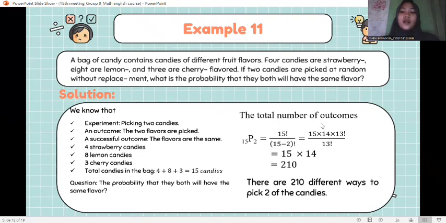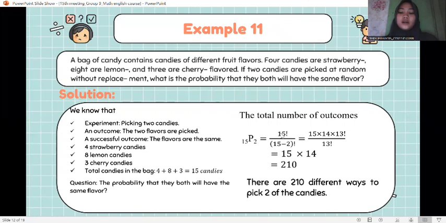So the total number of outcomes we can find by substituting into the permutation formula. So permutation 15 of 2 equals 15 factorial divided by 15 minus 2 factorial. So 15 minus 2 equals 13.